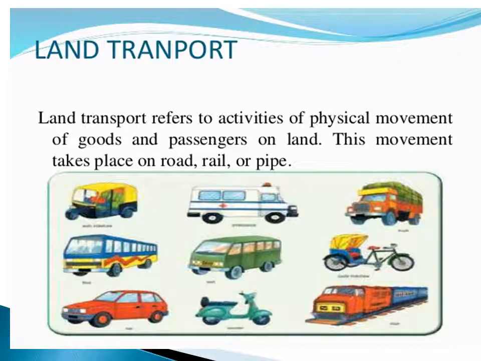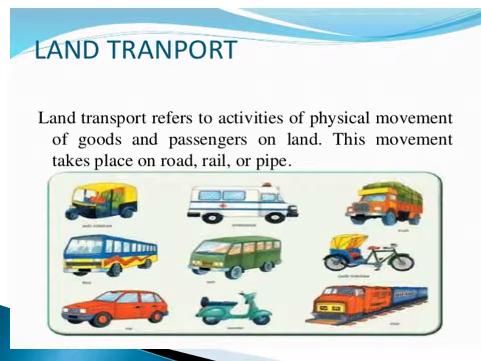Land transport often involves movement of goods and passengers on land. So cargo means goods and passengers, whether it be a truck or a bus or a delivery motorbike, or a taxi car, on land.